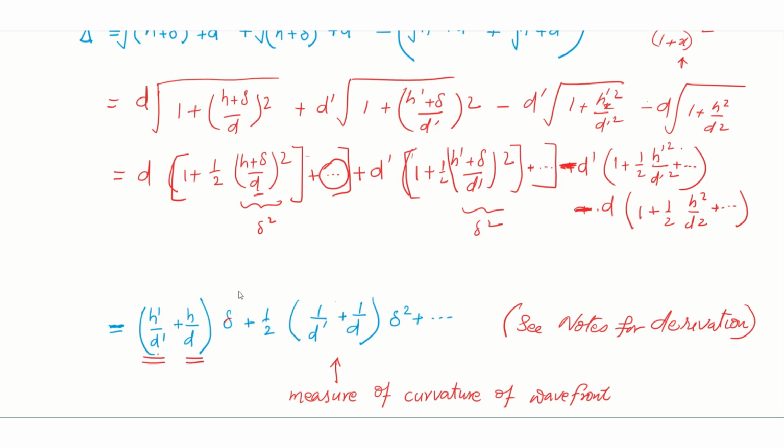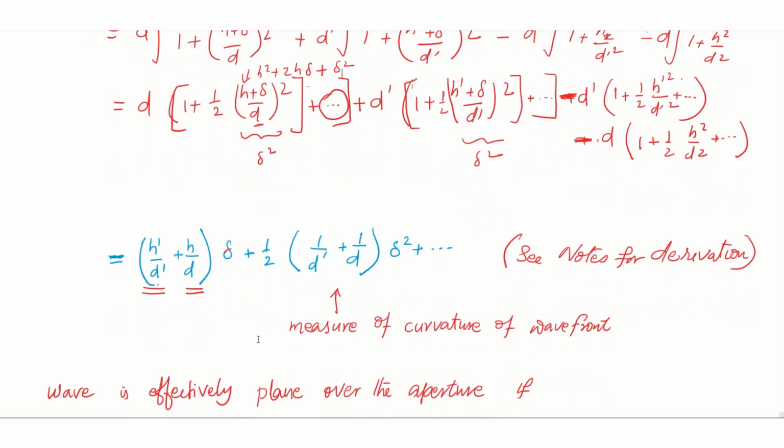That actually comes from the expansion here, that is s square plus 2s delta plus delta square. Okay. And if you write these expressions, the first two terms, there will be some cancellations.